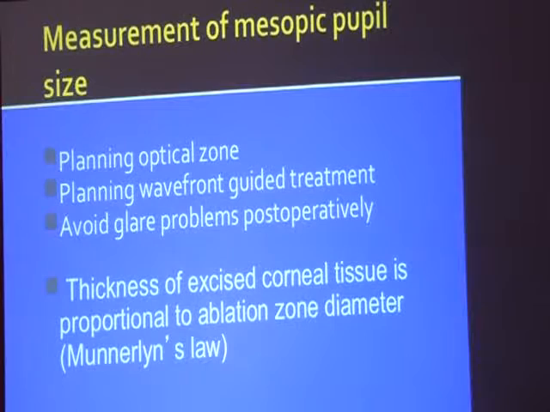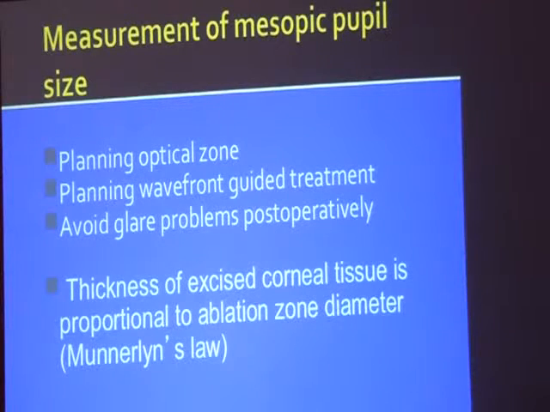You have to measure the mesopic pupillary size with the help of a pupillometer, which is called an infrared pupillometer. Why it is important is that in most Indian patients you don't have a big mesopic pupillary size, but in some patients you will. In those patients you have to make sure the optical zone of the laser ablation overlaps and goes beyond the mesopic pupillary size.